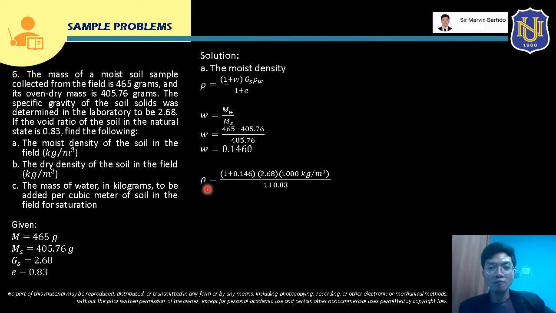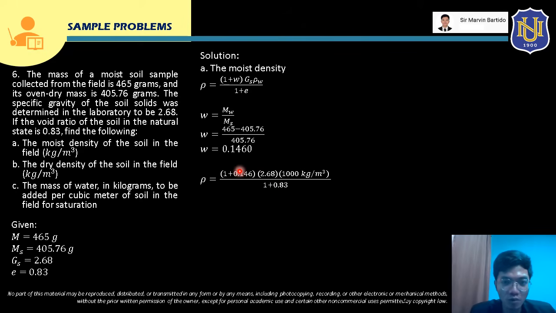Ayan. So for moist density, class, equal yan sa 1 plus water content, which is 0.146. Tapos yung G sub S, 2.68. And then 1,000 kg per meter cube, yung rho water natin, over 1 plus e. Ayan. So mga unitless naman itong mga ito.